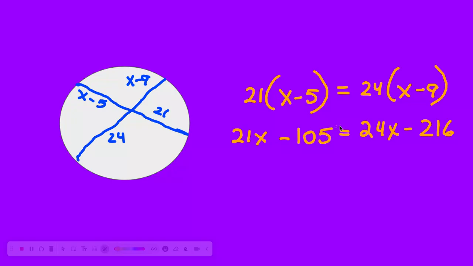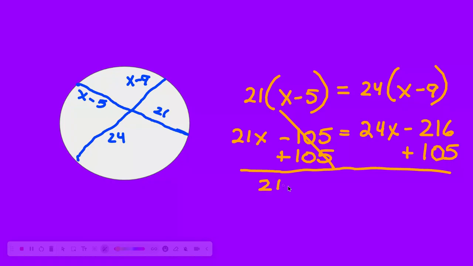And of course, over here we can minus the 21x and to the 24x if we wanted to. We can do the variables first, it doesn't matter which ones you do. Which one did you do? So let's add the 105 on this side. Whatever you do to one side, I'm going to do to the other side.